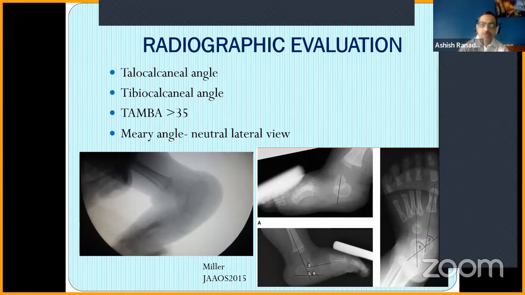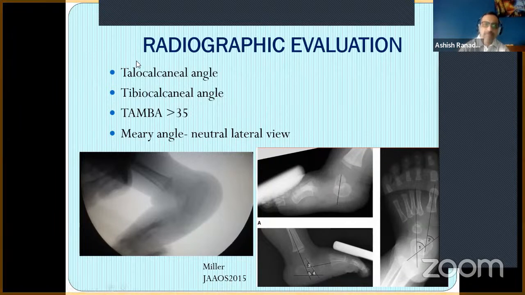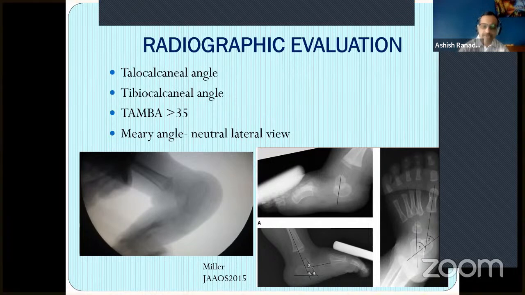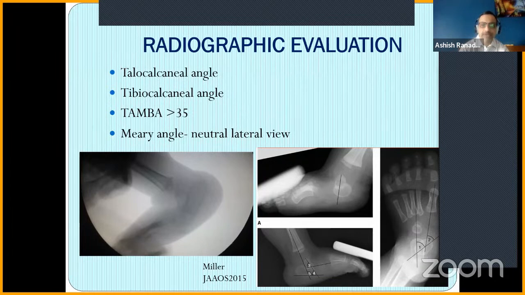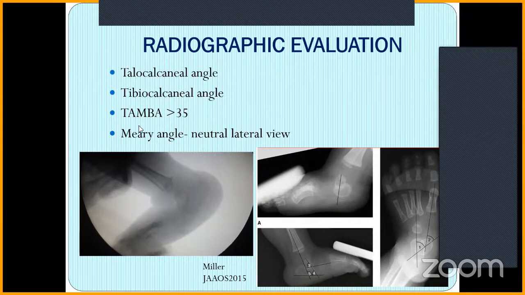And the angle between the base of the first metatarsal and the talar axis is called TAMBA, talar axis first metatarsal base angle, that would differentiate between the oblique talus and the vertical talus. So especially in slightly older children, this angle is very useful.